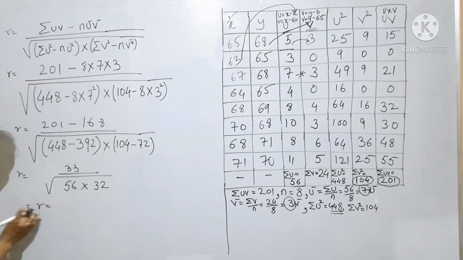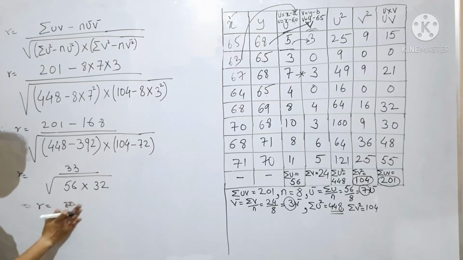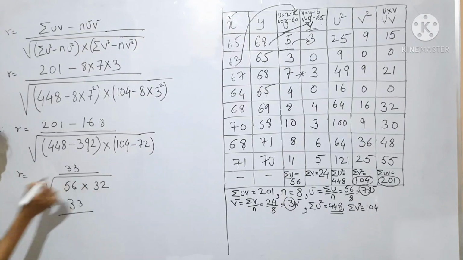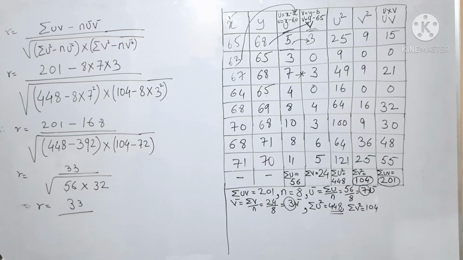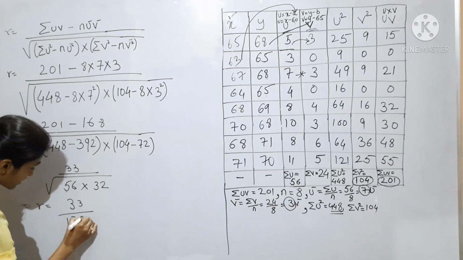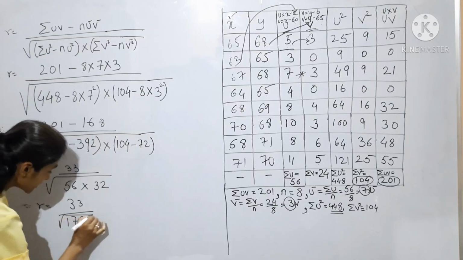Next, R is equal to 33 upon 56 multiply by 32. 56 multiply by 32 is 1792, and this is under the square root.